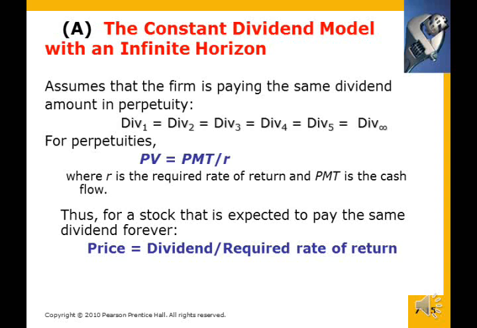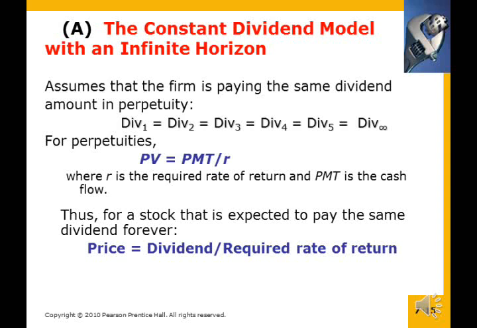In this case I have a series of payments which are equal and last forever, so I apply the perpetuity rule we took before. Present value equals PMT over R, where PMT is the dividend and R is the required rate of return in the stock market.